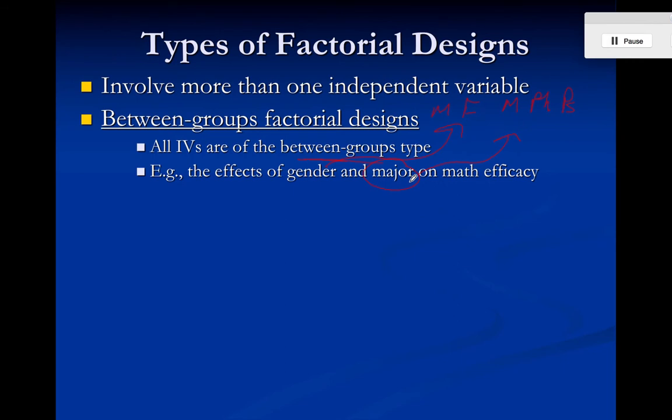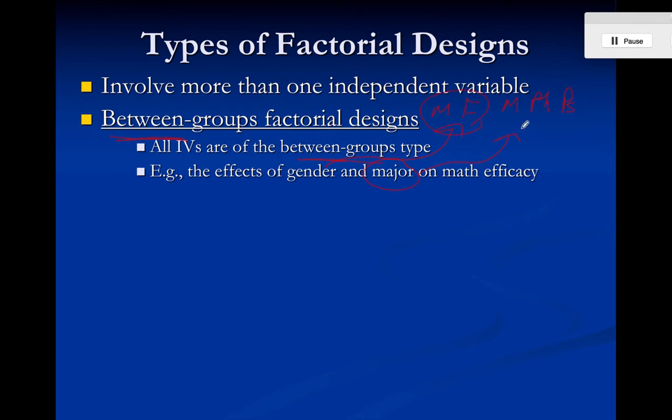Now, if you want to have people that can be in multiple majors, then it's not going to satisfy the between groups criteria. Because remember, with the between groups criteria, it's expecting here that participants can only be in one group of that particular independent variable. Now, if you notice here, my gender independent variable only has two groups.